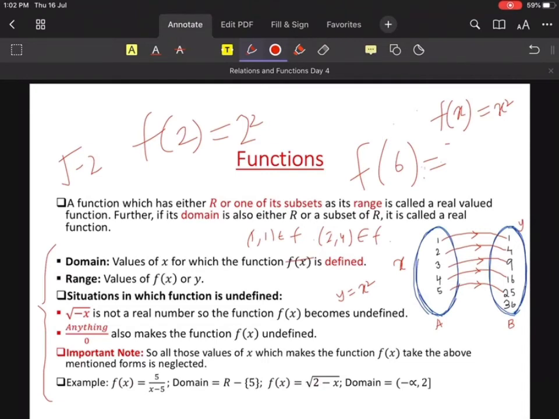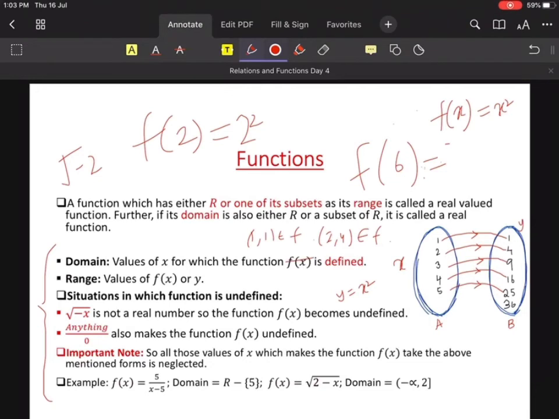Why are we neglecting those values of x which make these things? Let's see, who can explain this one? Okay, I will count up till 5. 1, 2, 3, 4, 5. Everybody pass.